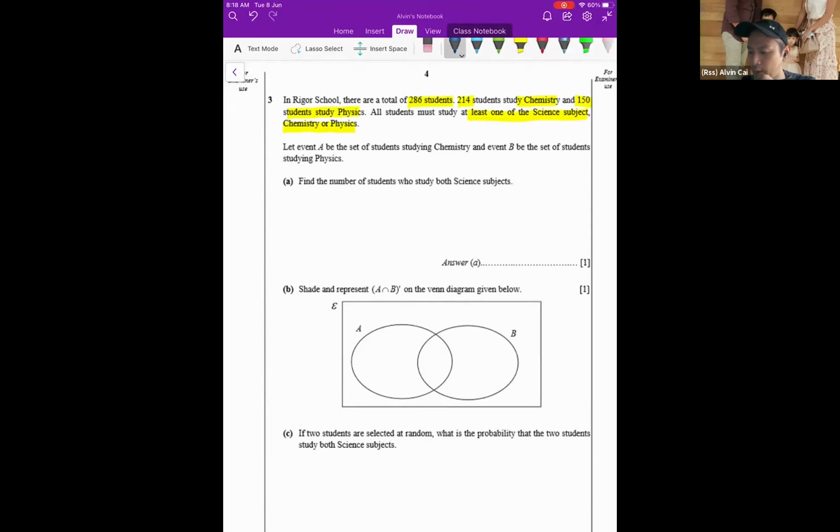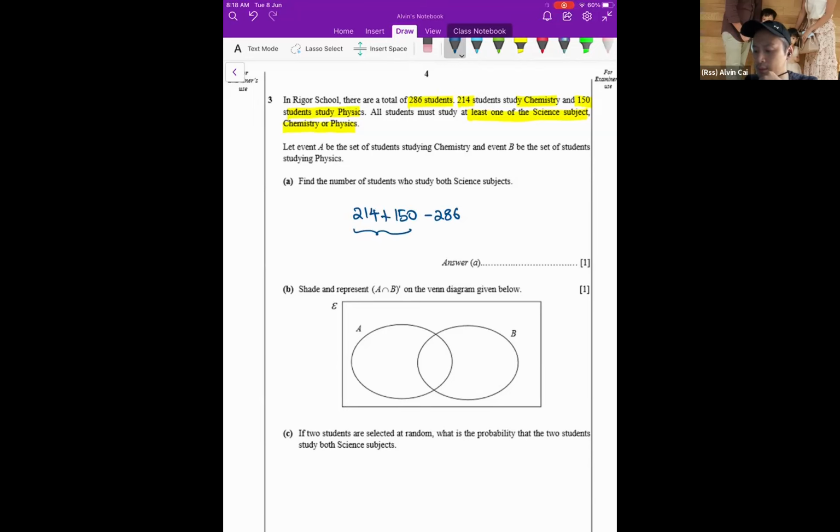If you look at this, let A be the event of studying chemistry and B the event of studying physics. So the working is as simple as this: 214 plus 150, then you minus away the total, because there will be people over here that overlap.